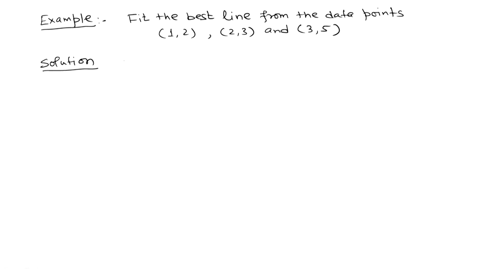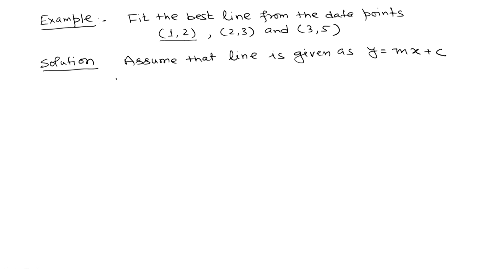So, here assume that the line is given as y equals to mx plus c. So, from the first data point I can write y is 2, 2 equals to x is 1 m plus c.